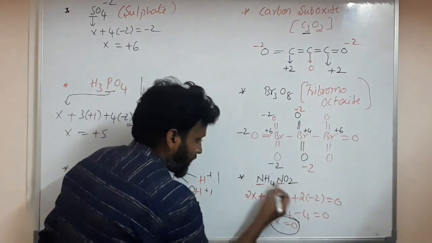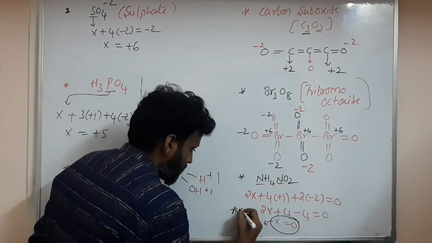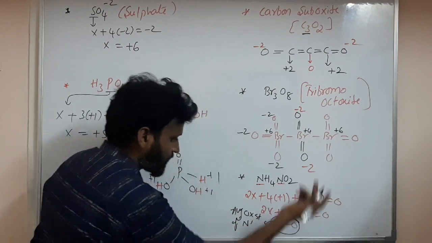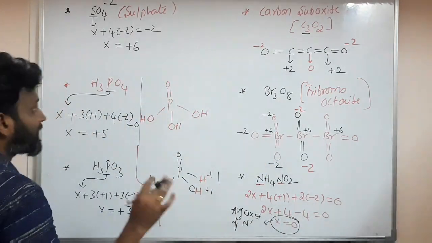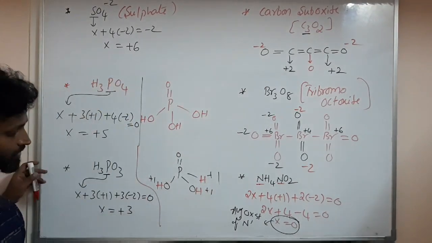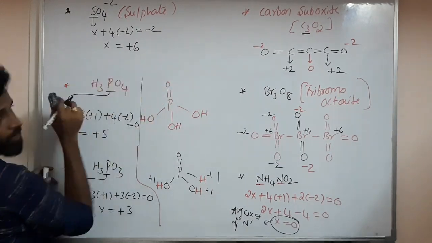I repeat, NH4NO2 overall, the average oxidation state of nitrogen, means 0. But individually, what is the nitrogen oxidation state, means you have to write. Please write it down. Pause the video and write.